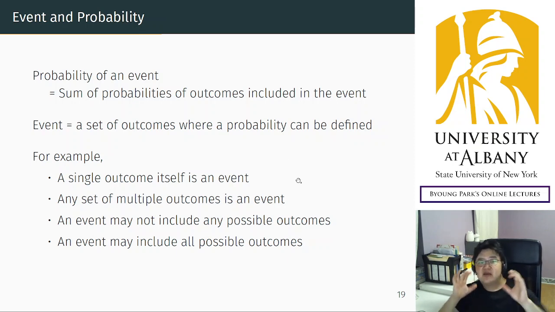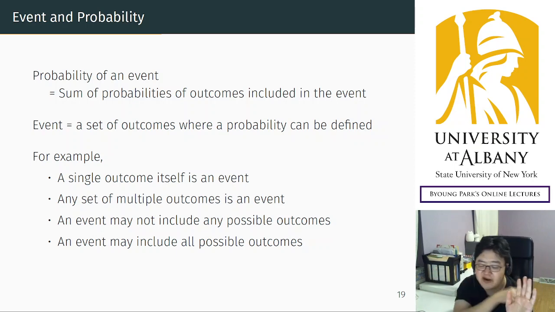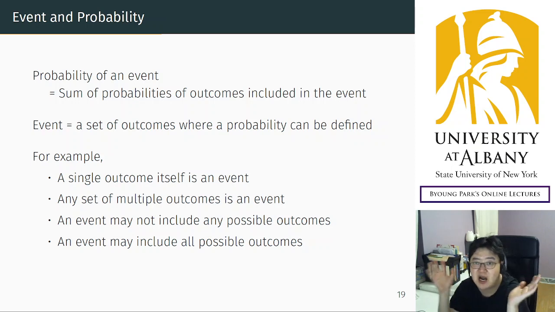It contains three different outcomes. So that's the difference between event and outcome. Remember, we defined sample space earlier. Sample space is the set of all possible outcomes.